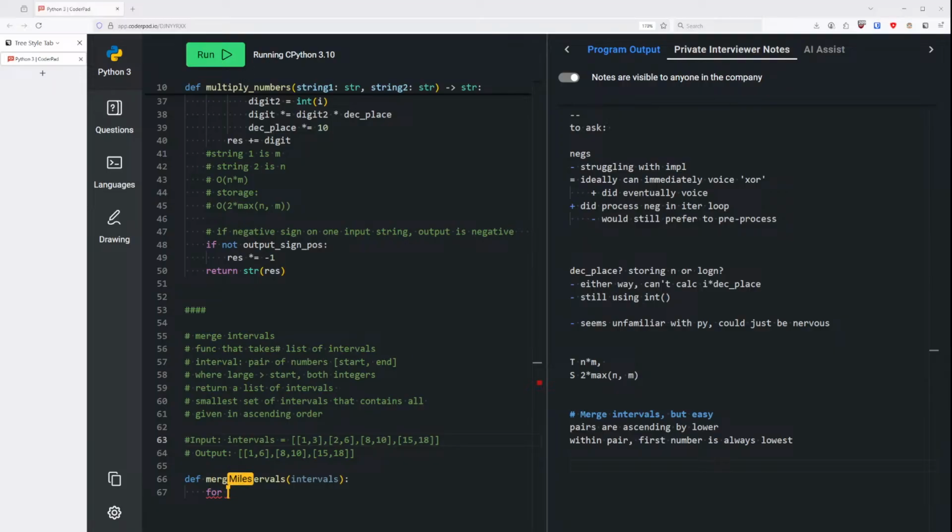So for i in intervals, this will be going in ascending order. So we have our first interval, and the first value in each interval will be the lower one. So I'll say lower bound equals i[0], and upper bound equals i[1].